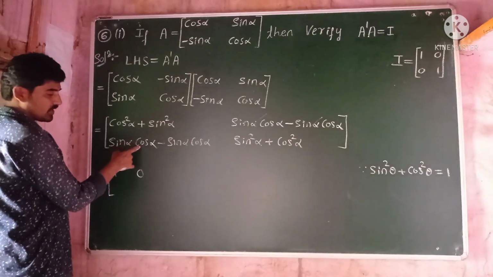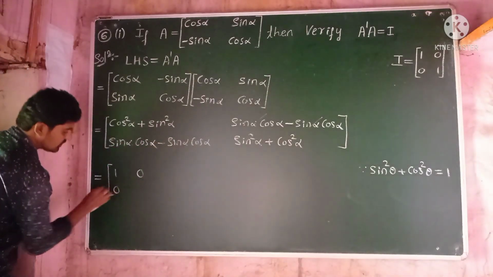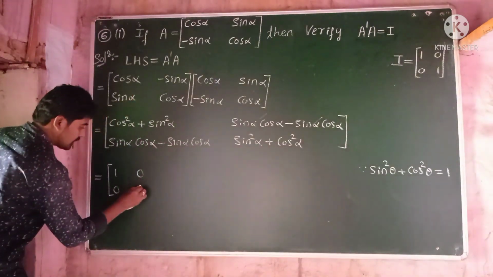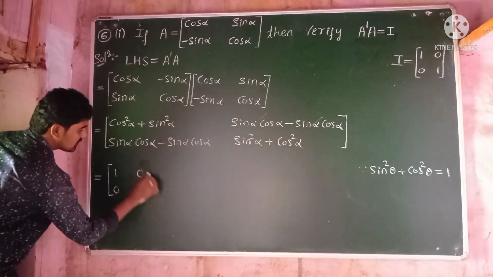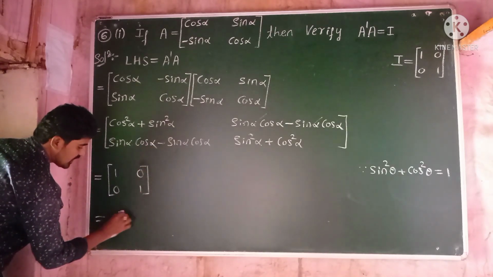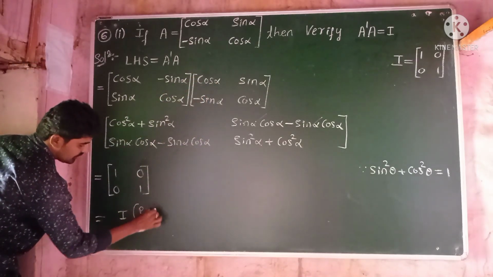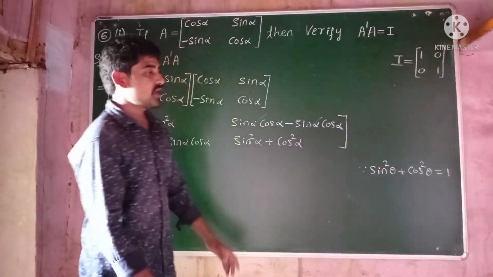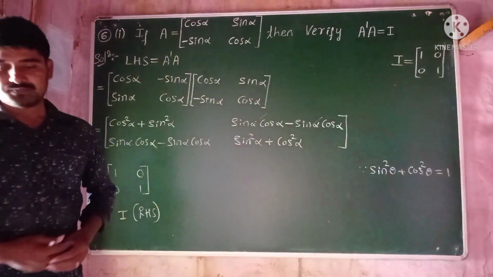Here also sin alpha into cos alpha minus sin alpha into cos alpha get cancelled, the answer is 0. And sin square alpha plus cos square alpha is 1. And this is equal to the unit matrix, which is represented by I, and this is equal to the RHS. Hence we verified A dash into A is equal to I. I hope all of you understood. If possible, take a note.